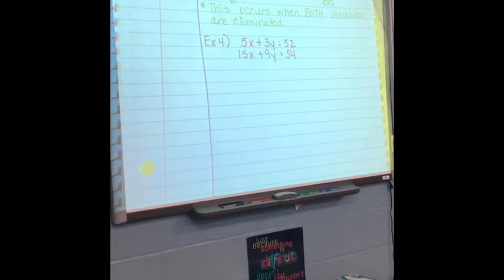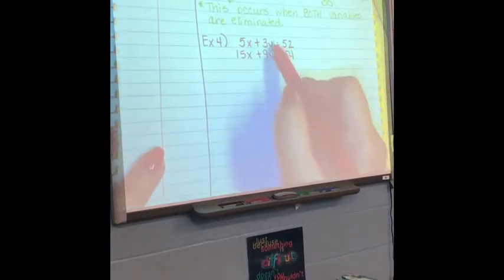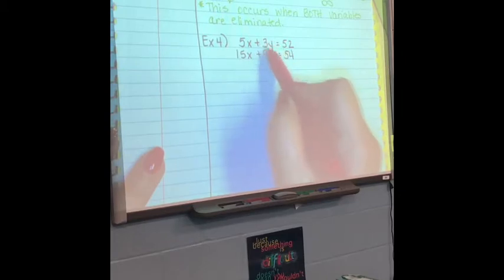And when you look at this one, you think, okay, I need to eliminate one of the variables. Which variable would you like to try to eliminate? Just pick one. Y, okay. So if I want to eliminate y, I'm going to multiply this top one by what? Negative 3.